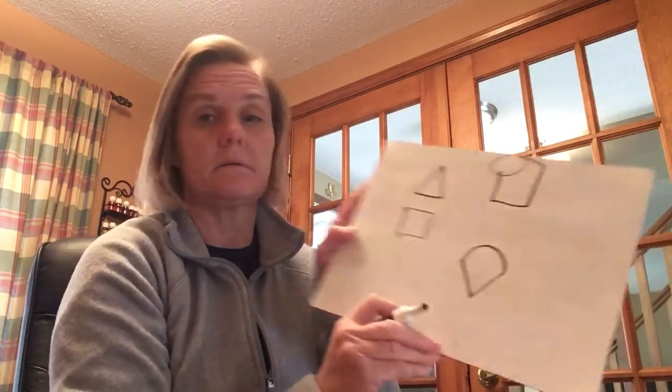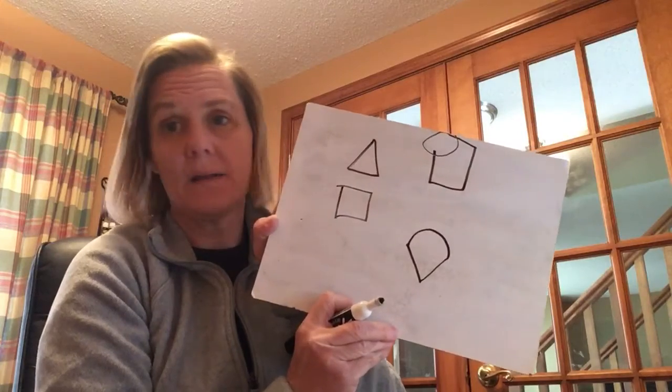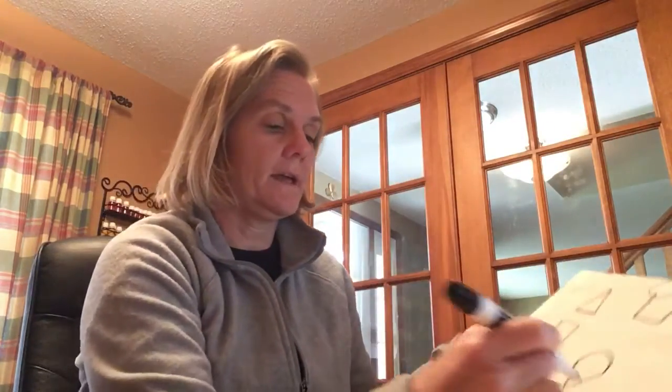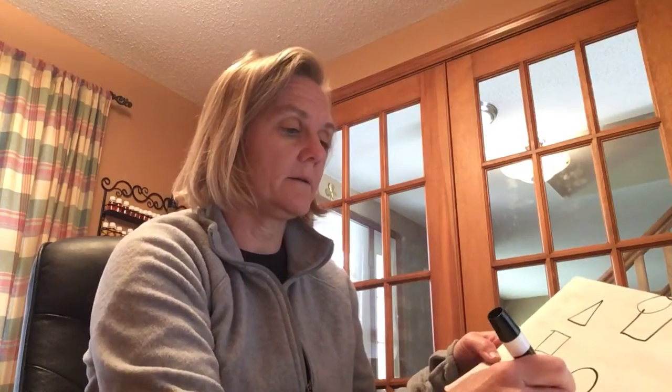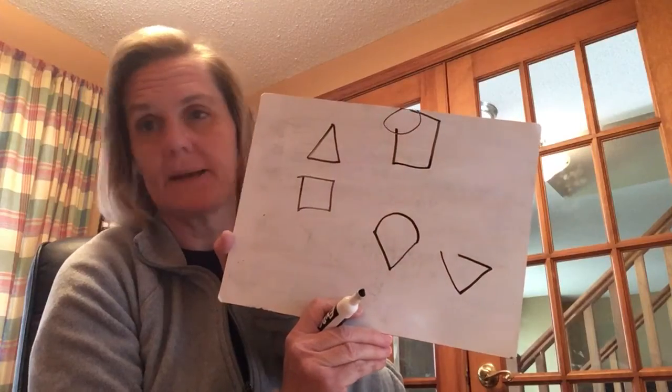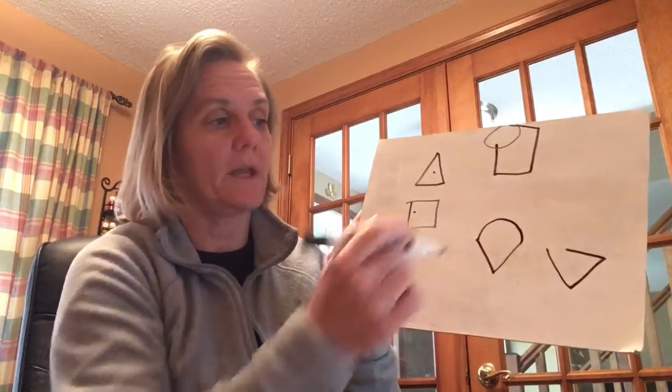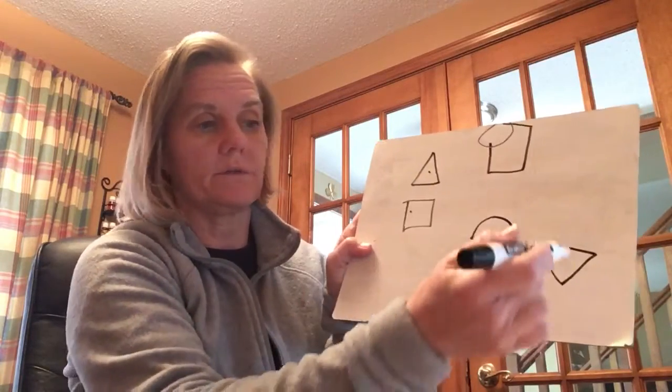But if you had something that looked like the shape of an ice cream cone, not a polygon because it has a curve in it. Or if I had a triangle that never finished, not a polygon. Polygons have to have closed shapes, so no curves, no openness. Polygons have to be closed and they have to be straight.